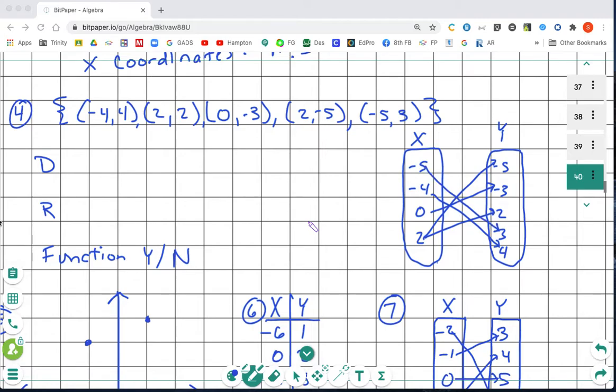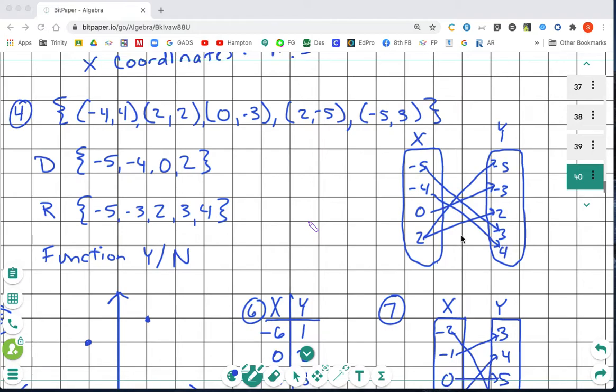All right, so for my domain, I have -5, -4, 0, 2. Notice that my mapping has already given me my domain in order, least to greatest. My range is -5, -3, 2, 3, 4. My y, or my range, is already written out, least to greatest.